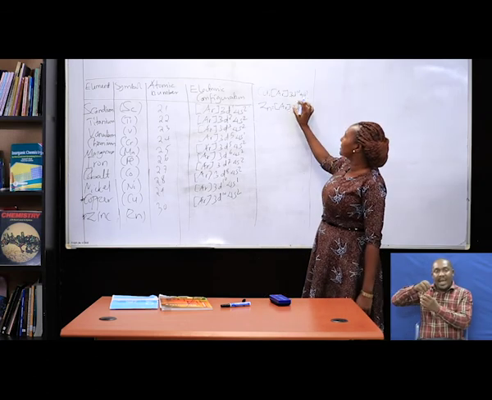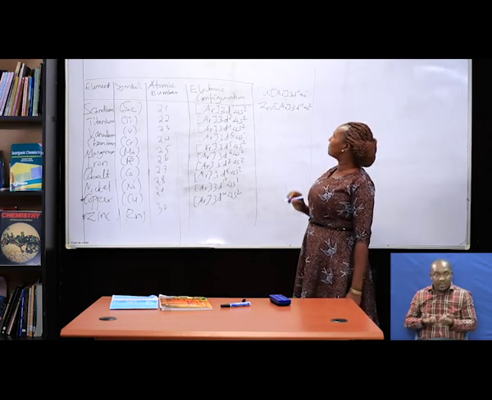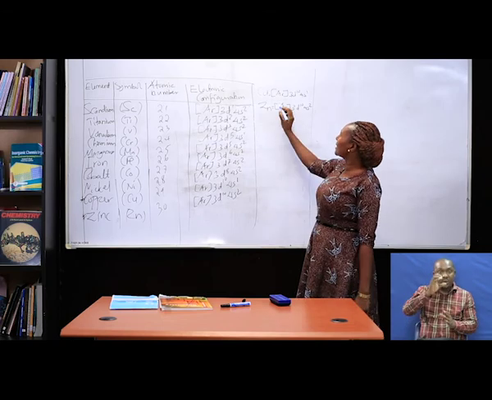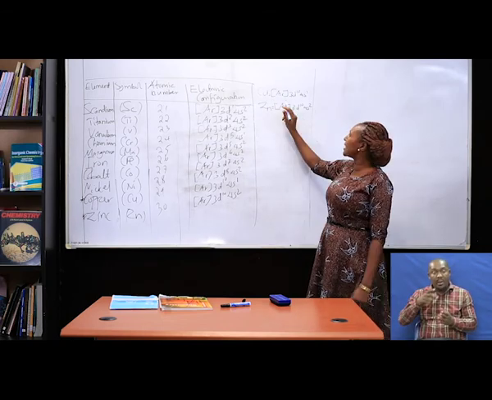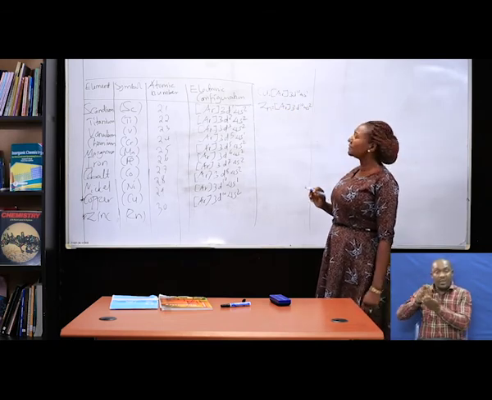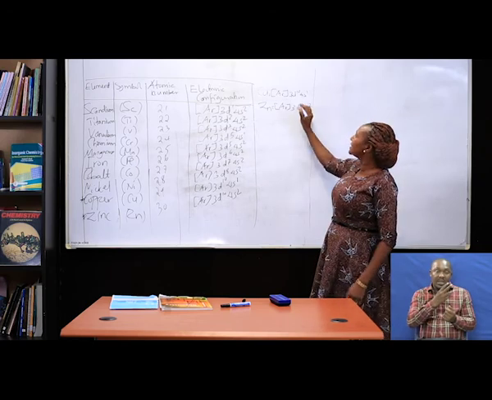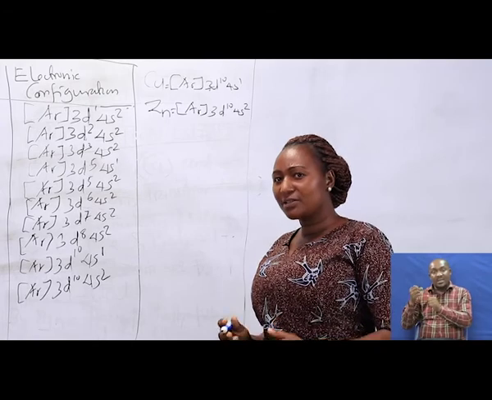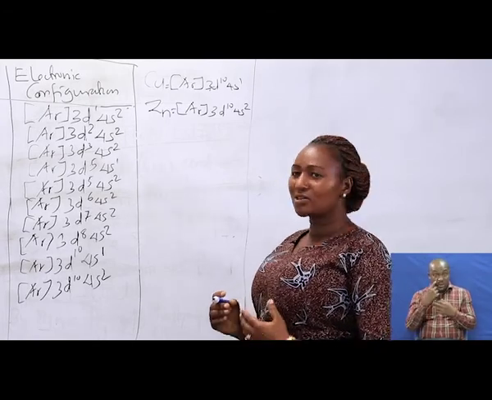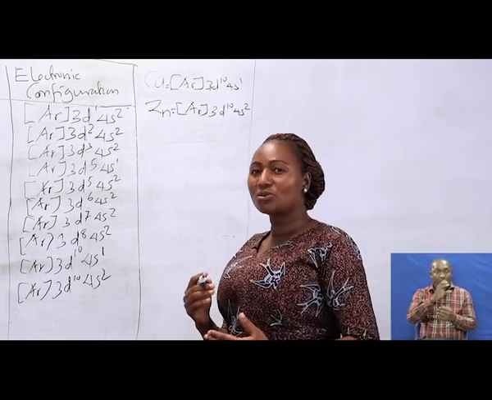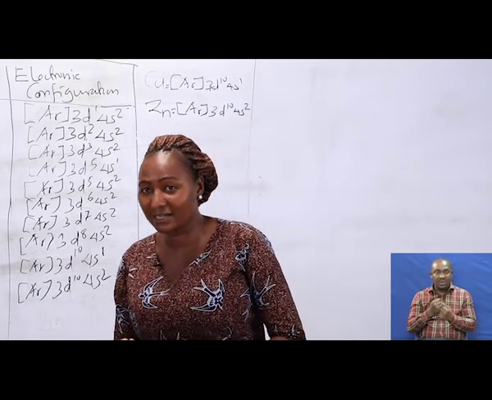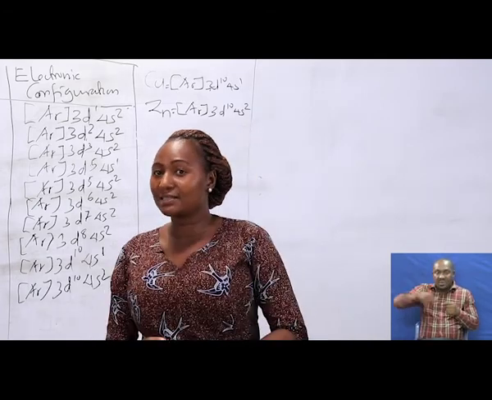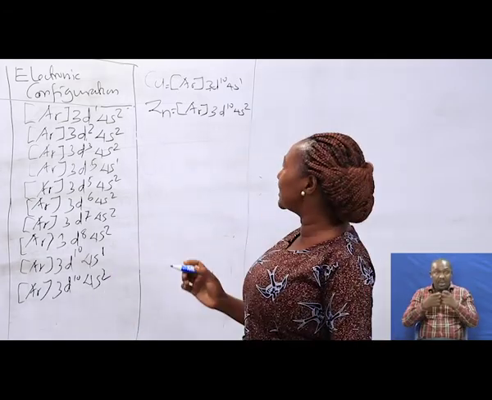As you can see, starting with copper, its electronic configuration is argon 3d10 4s1. Its d orbital is fulfilled. So you can see that maybe copper is not qualified to be called a transition element. But let us see the chemistry behind it.